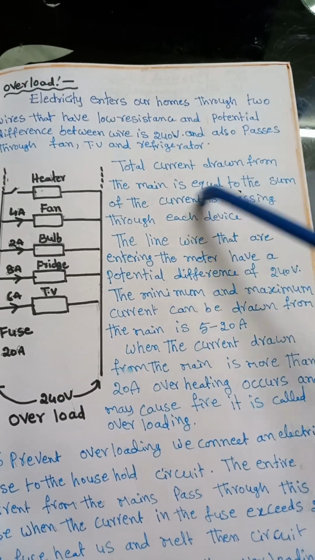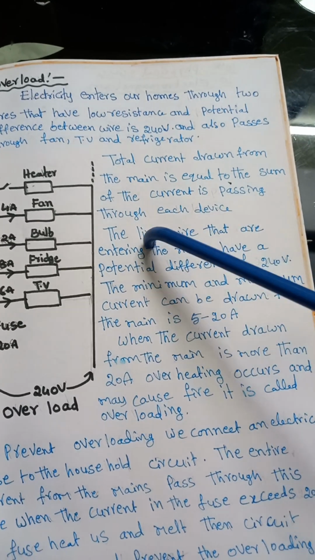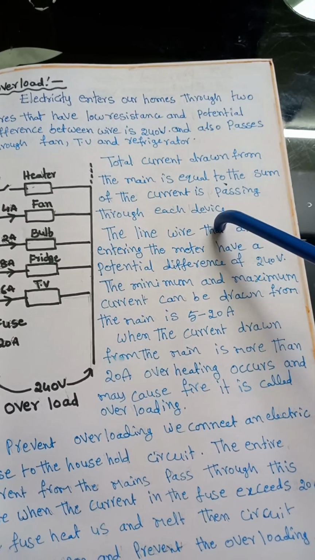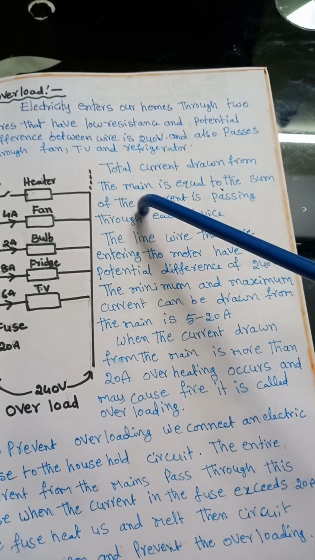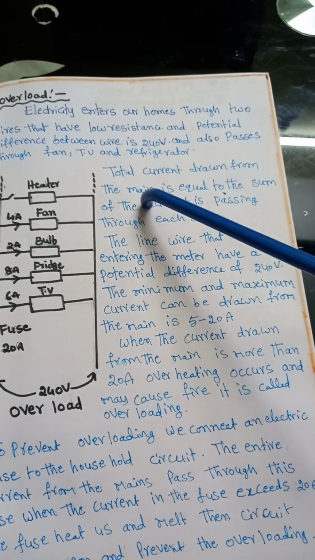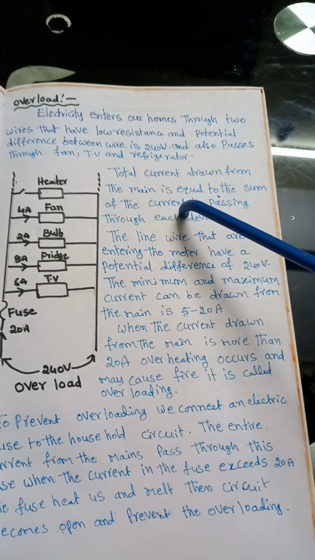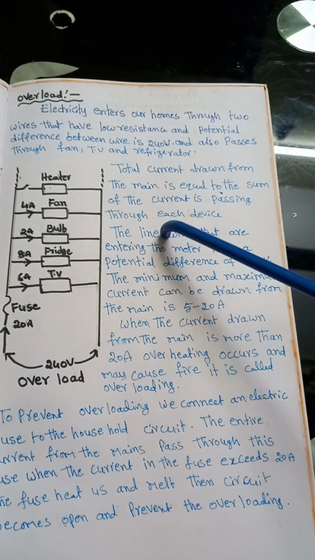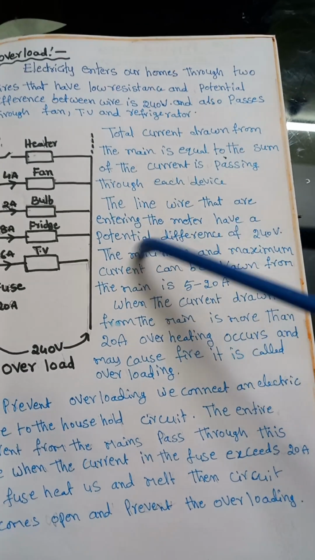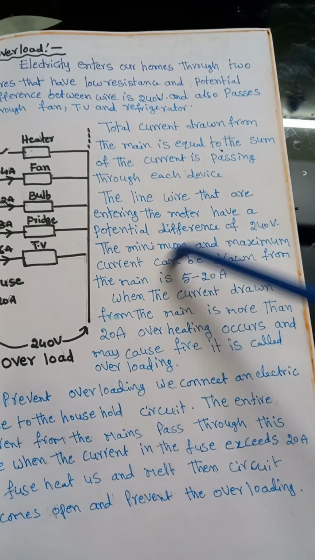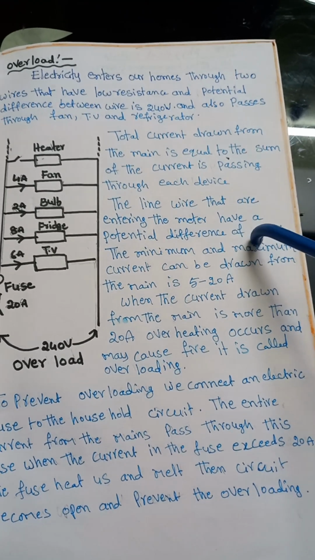Total current drawn from the main is equal to the sum of the currents passing through each device. The main is there in every house. From the main, the current is drawn to every device in our home. The line wires entering the meter have a potential difference of 240 volts.